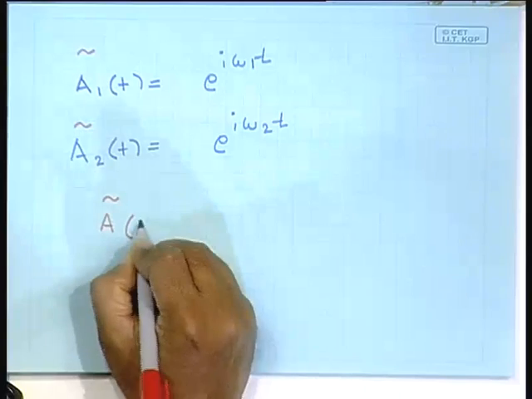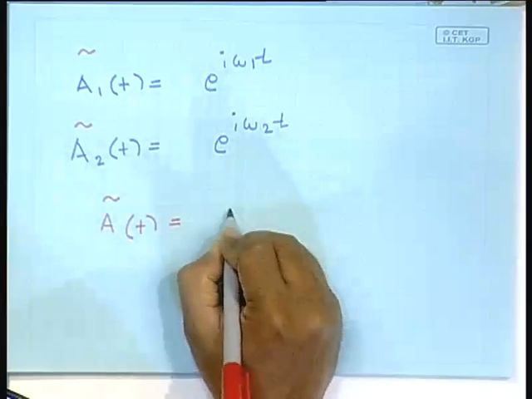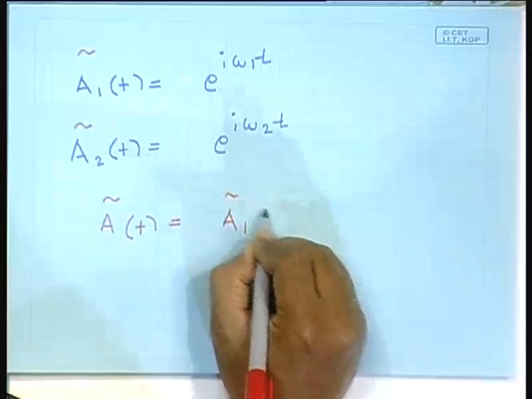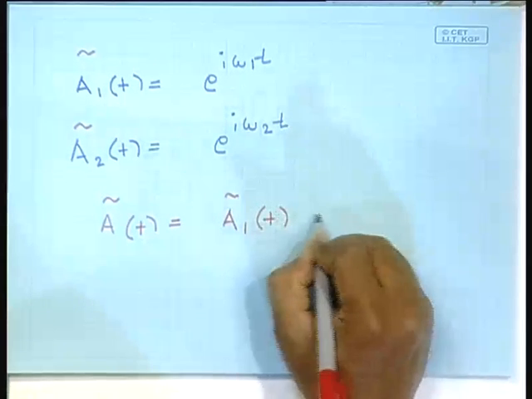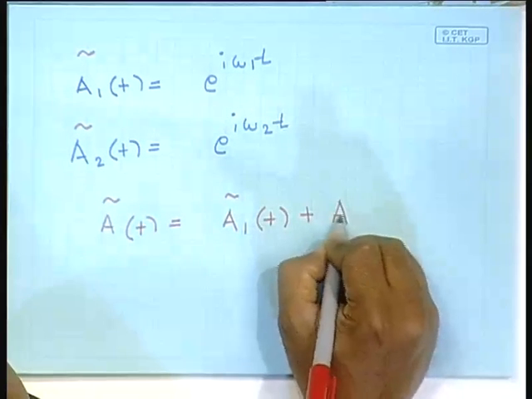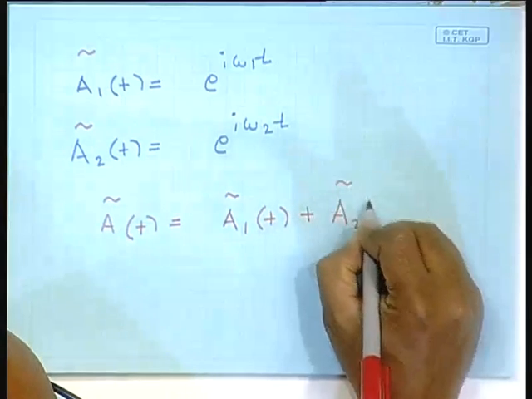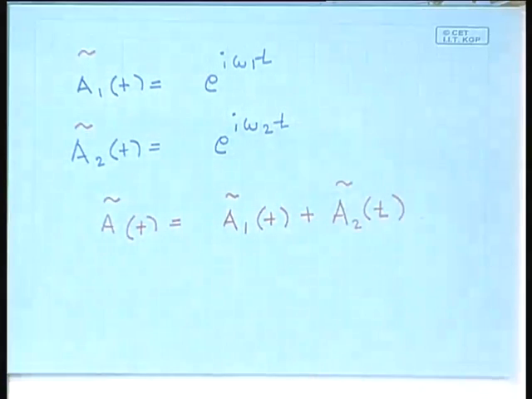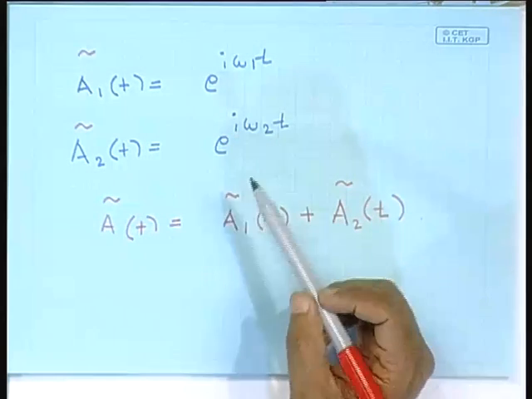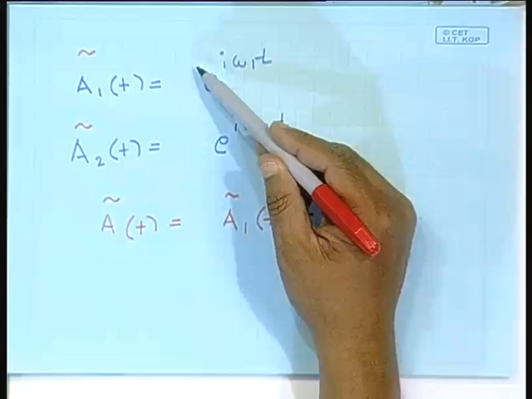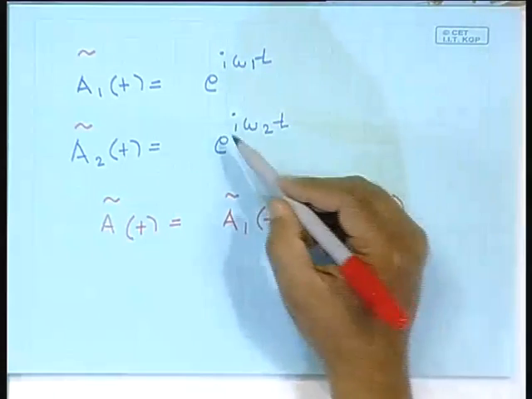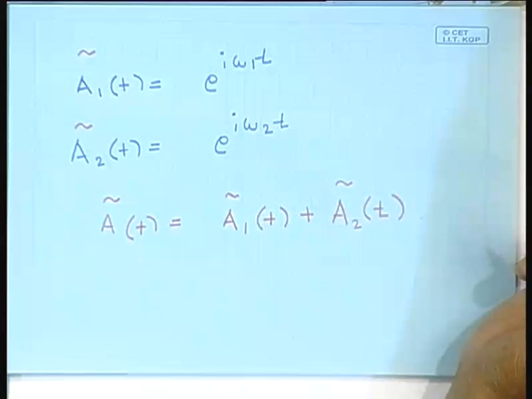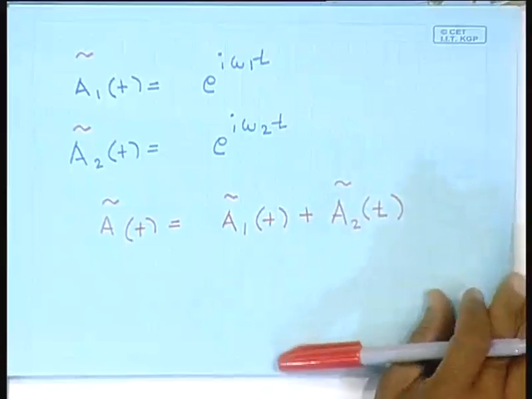This is the complex notation. We have considered the amplitudes of the two waves to be identical and we have superposed them, and this can be simplified to some extent.